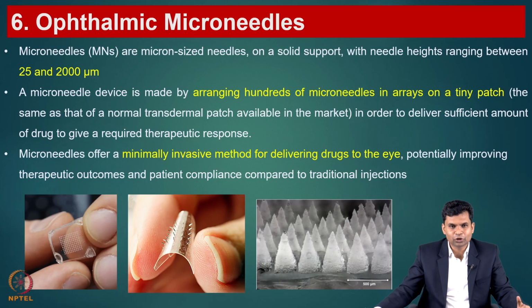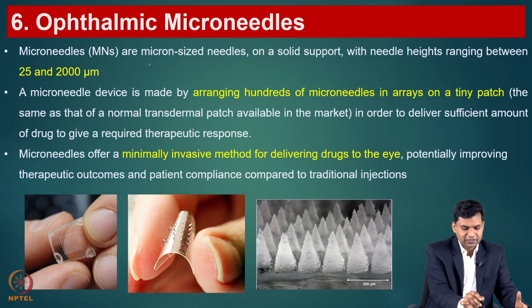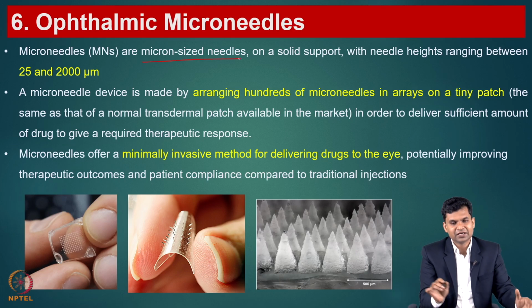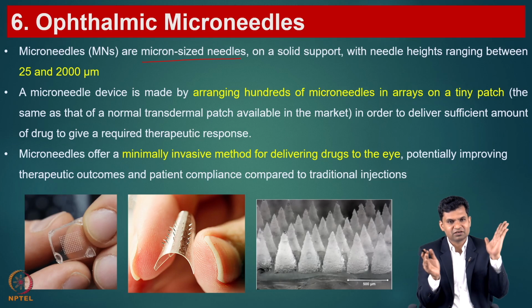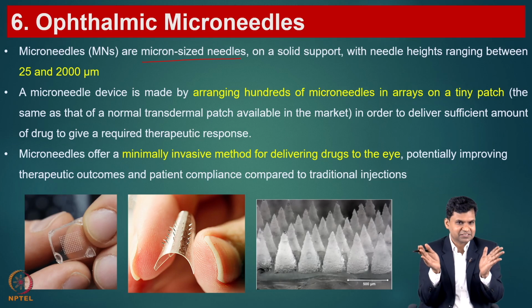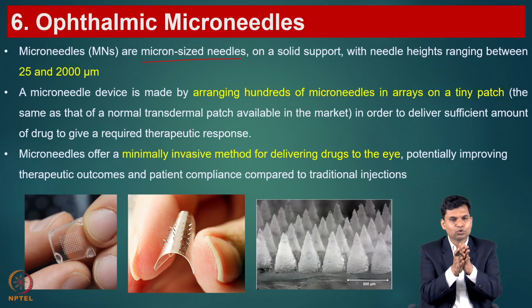Now, the other topic that we are discussing is ophthalmic microneedles. This invention came from the topical transdermal patches. These are needles of micron size. You can say it is a combination of injections and patches, which is nothing but microneedles.